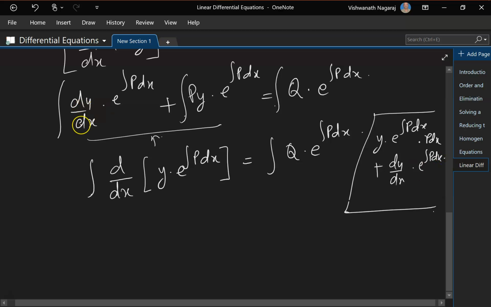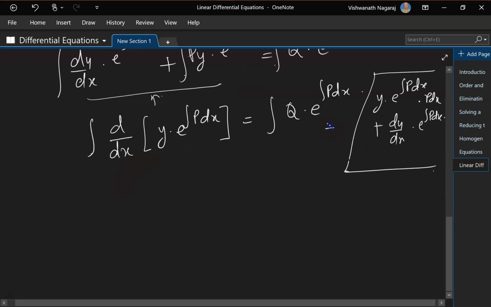So here you see dy by dx times e to the power of integral of p dx plus py times e to the power of integral of p dx. When we integrate this, let's put the constant of integration. This and this get cancelled. We are left with y times e to the power of integral of p dx is equal to the integral of q times e to the power of integral of p dx, plus c.